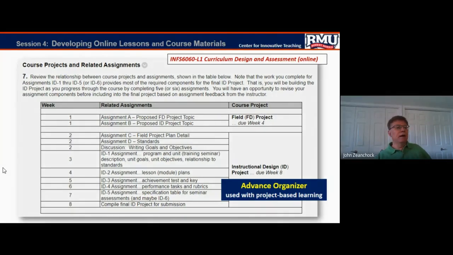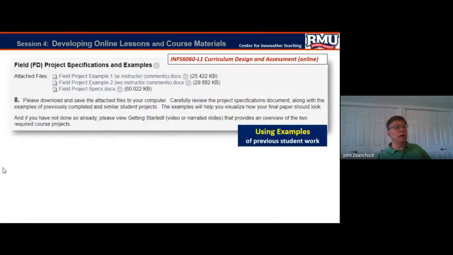A second example here is the use of previous student work. Notice that in the attachment here, I give them their field specs, that is their field project specifications, like the directions for what they're supposed to do.